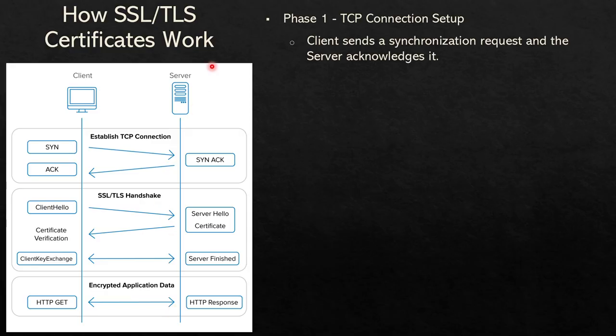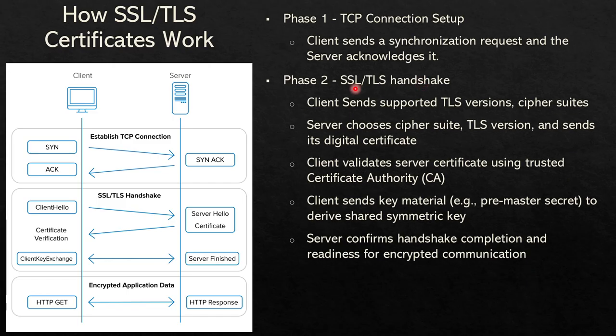Phase one is about setting up the TCP connection, where the client sends the synchronization request and the server acknowledges it. Phase two is all about the SSL handshake, where the client sends supported TLS versions and cipher suites. The server chooses the cipher suite and TLS version and sends its digital certificate. The client validates the server certificate using a trusted certificate authority, which is a very important part of the entire security setup.